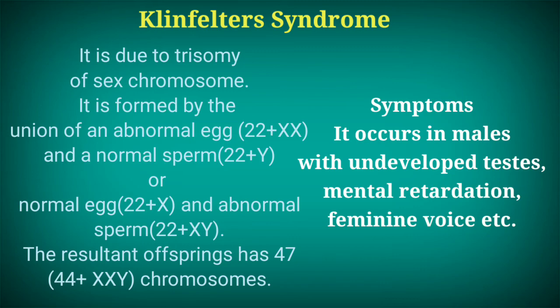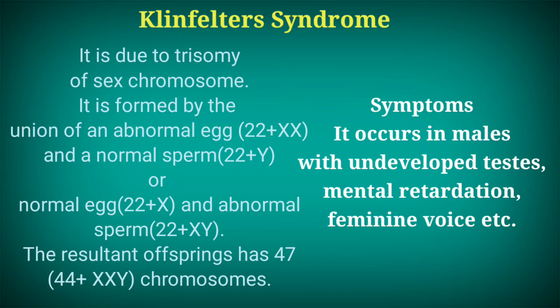Therefore the egg possesses 22 plus XX, which we regard as the abnormal egg, and a normal sperm, that is 22 plus Y. Or it can be because of a normal egg, 22 plus X, and an abnormal sperm, 22 plus XY, and the resultant offspring has 47 chromosomes: 44, that is the normal autosomal pair, plus XXY. So here this is the abnormal sex chromosomal pair in the resultant offspring, where it possesses 47 chromosomes.